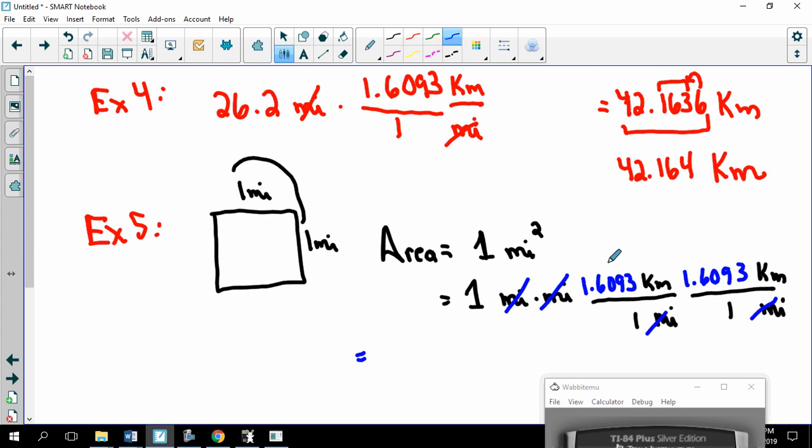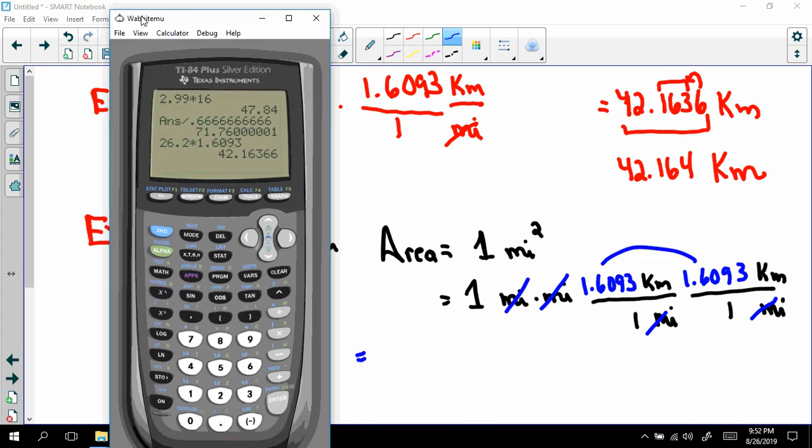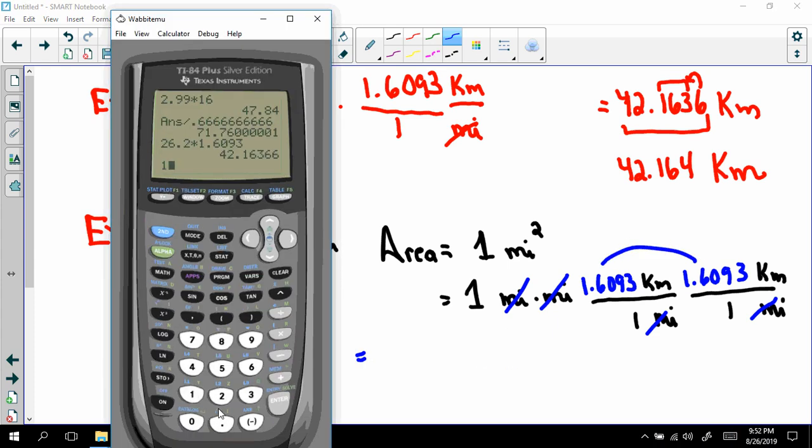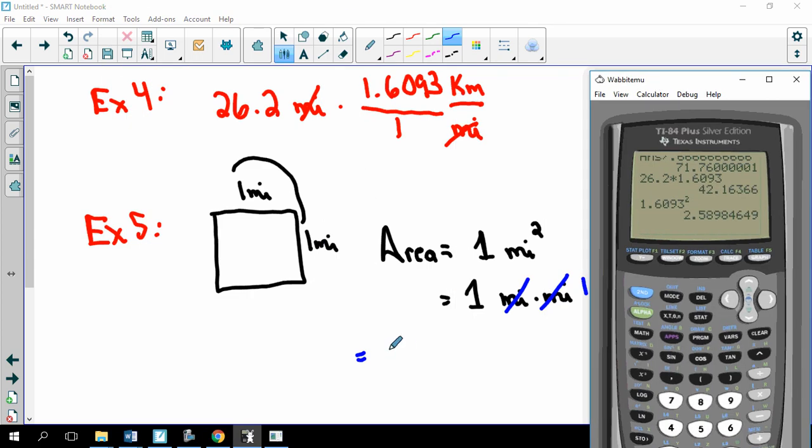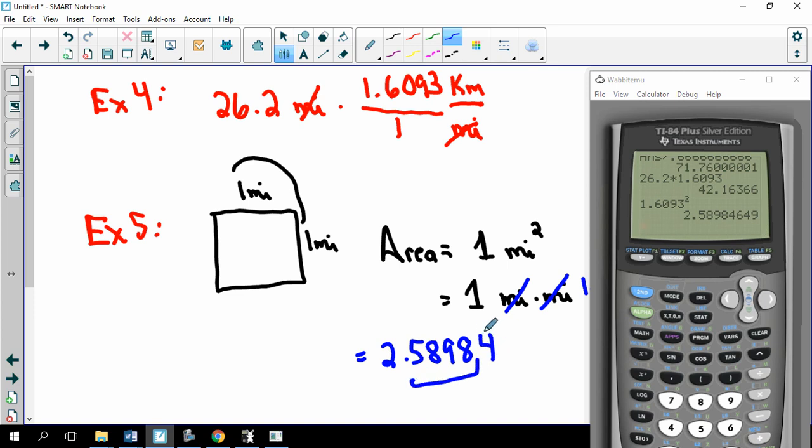Answer: 1.6093 squared, or times itself, .589. So 2.58984. Let's say we're going 4 decimals deep. You look at the 4, you leave the 8, because it's not a 5. That'd be to the nearest 10,000th.